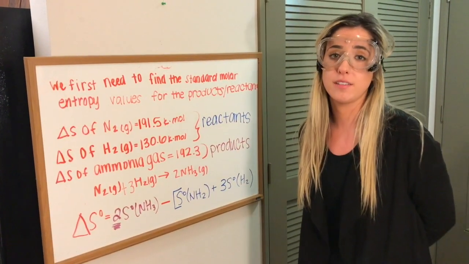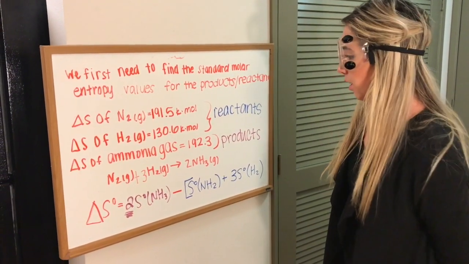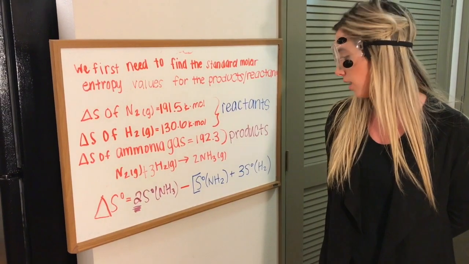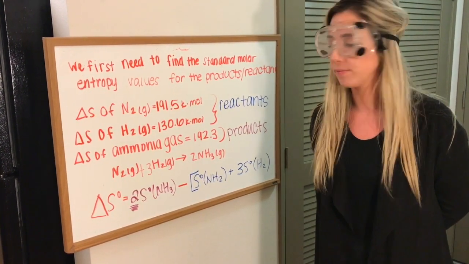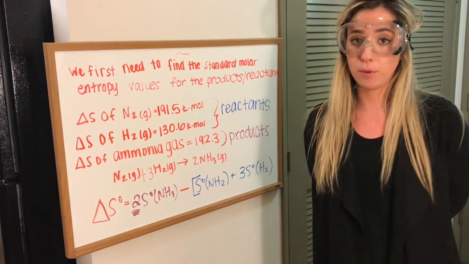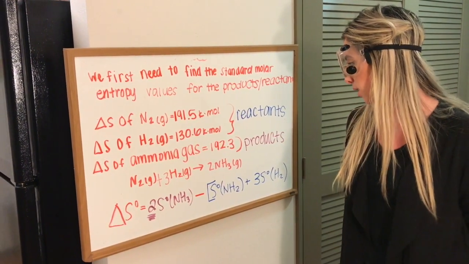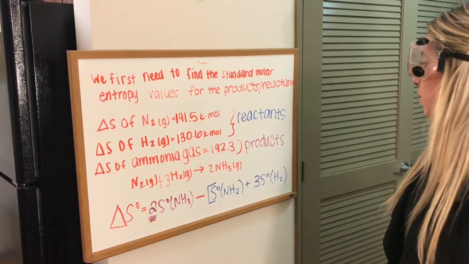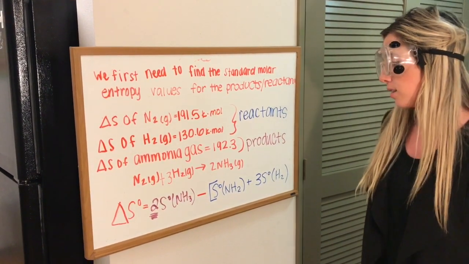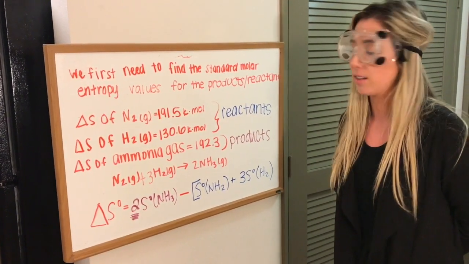Now that we found the standard molar entropies of our reactants and products, we can start talking about how we're going to set up this equation. So, delta S is products minus reactants. For our products, we have 2 moles of ammonia. In our reactants, we have 1 mole of nitrogen and 3 moles of hydrogen gas.